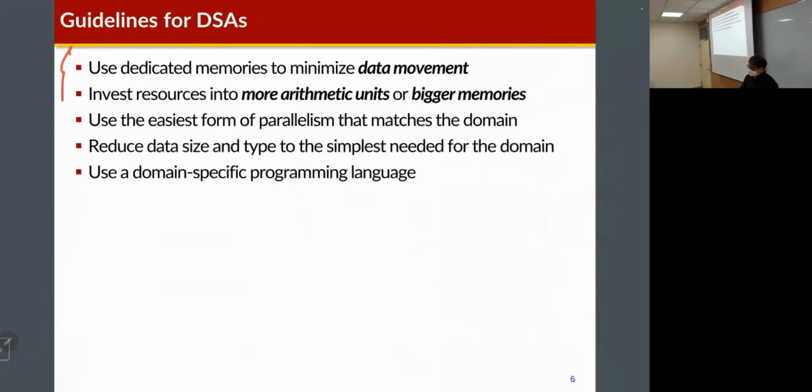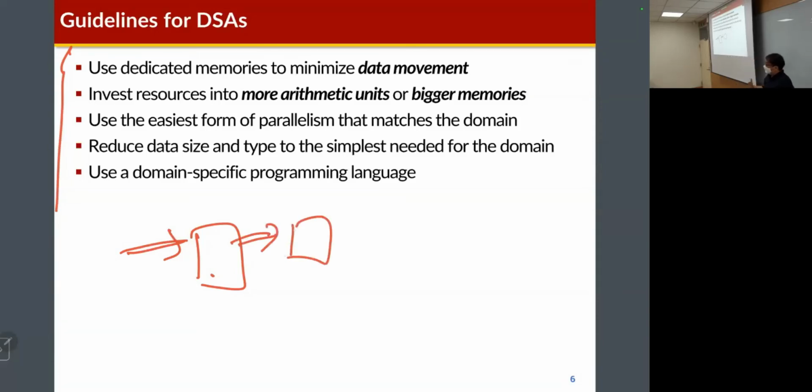When we focus on domain-specific architecture, we also need to focus on data movement. The required data should be moved to dedicated memory, such as the device memory of the domain-specific processor. Also, this data should be moved to the scratchpad memory or internal buffers in the DSA.